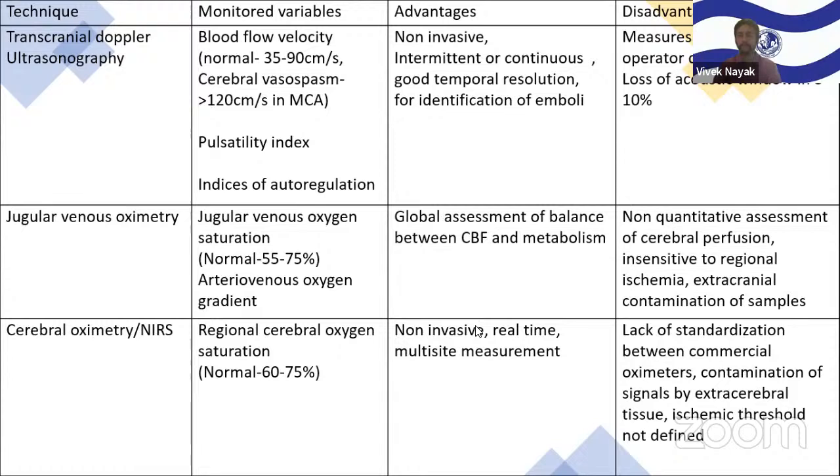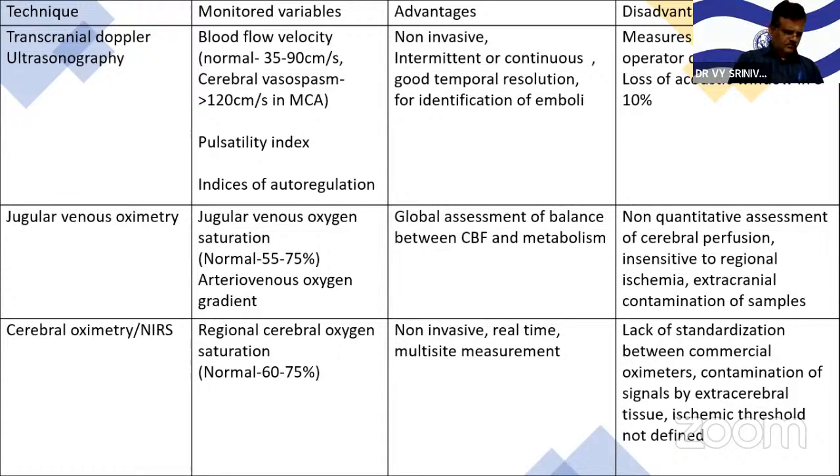Coming to the local determinants, we have the brain tissue partial pressure oxygen measurement. Here, the brain tissue partial pressure is measured. Normally, it is between 20 to 35 millimeters of mercury. The advantage is that the regional assessment of balance between cerebral blood flow and the metabolism can be monitored continuously.